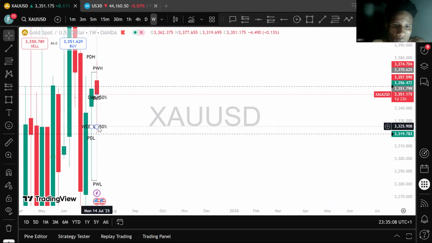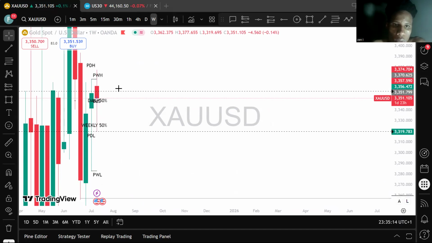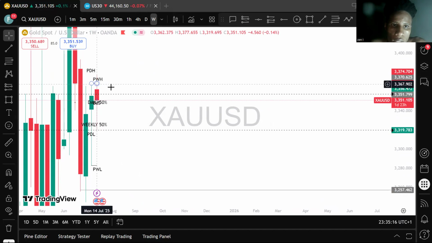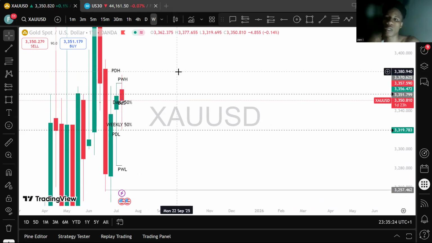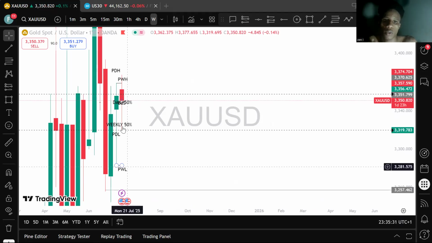This is 50% of it, and we could see that price swept previous weekly high, and there's some form of rejection. So price is coming inside. Personally, I'll be expecting price to go to the opposite side of the range. First to 50%, then the opposite side of the range.